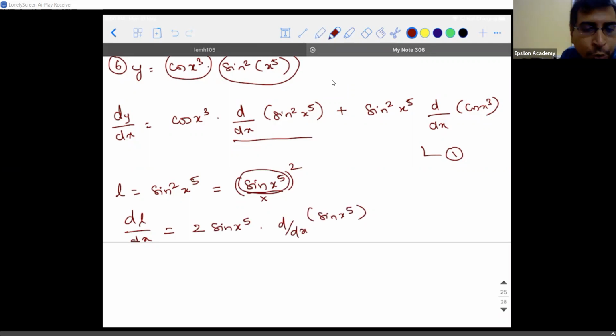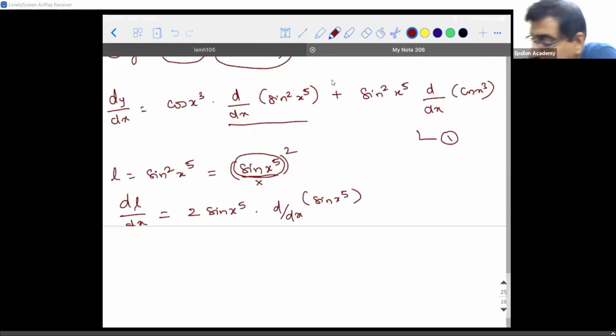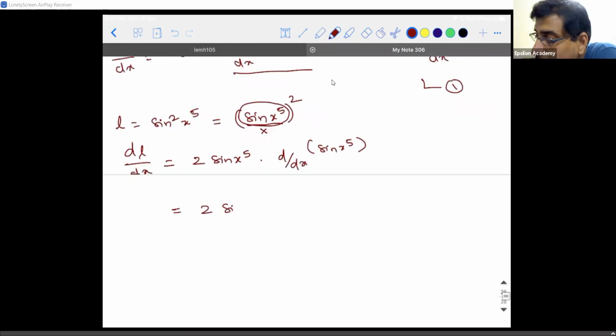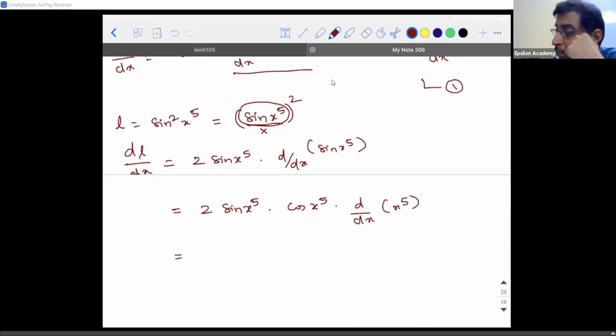Beyond this, I'm sure you guys know this. So that is 2 times sine of x power 5 into the derivative of sine x power 5, which is cos of x power 5 into 5 into x power 4, that is 5x power 4.